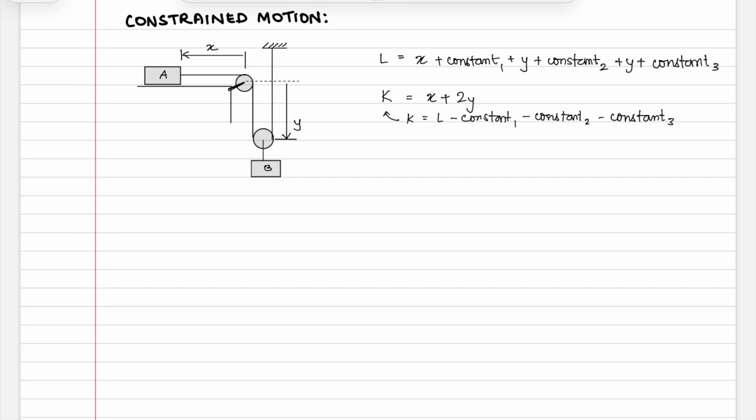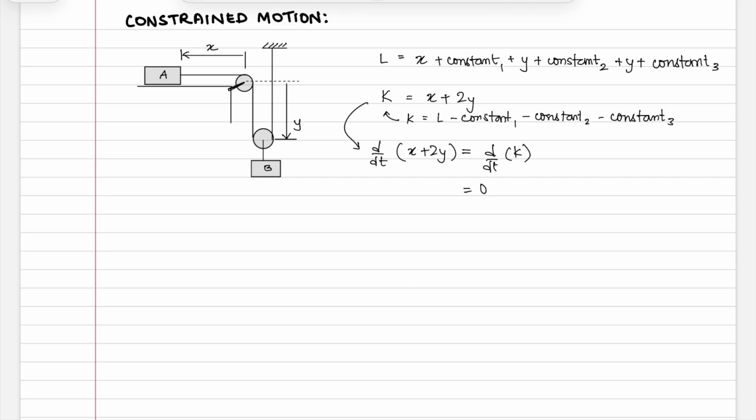So this here now gives you a relation that says x plus 2y is going to be equal to a constant. And if I were to now differentiate this, I'm differentiating x plus 2y is equal to the differentiation of a constant.